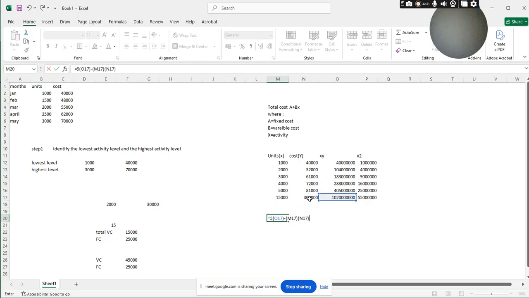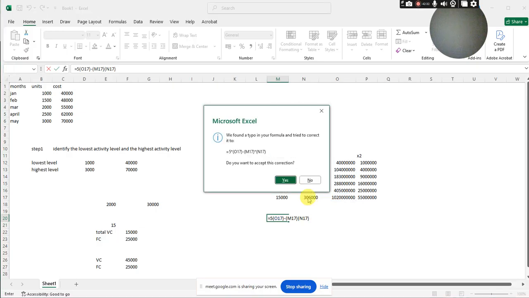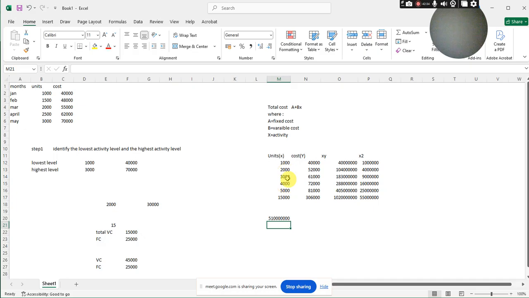I pray this formula works. Let me see if it will work. Okay, let's go with this one. Please, let's do it one after the other. Let's not do it together.